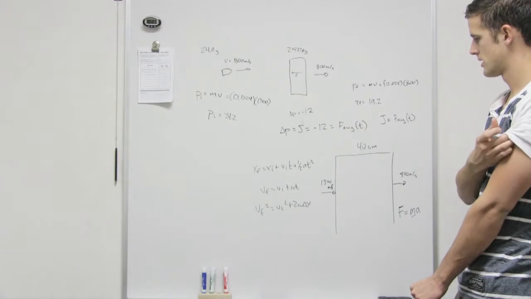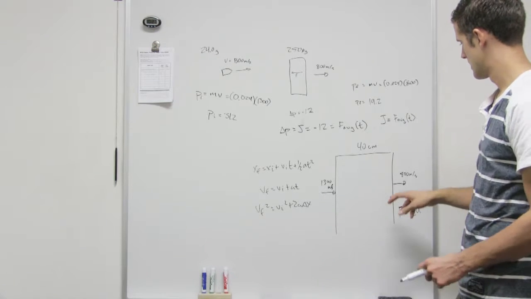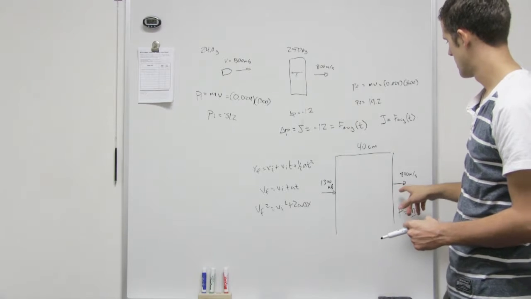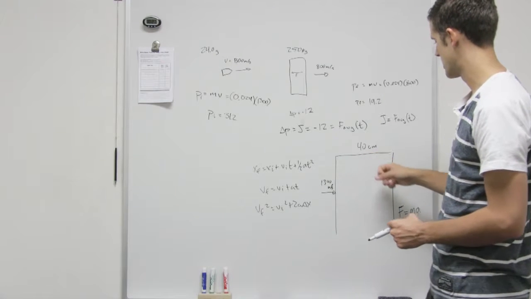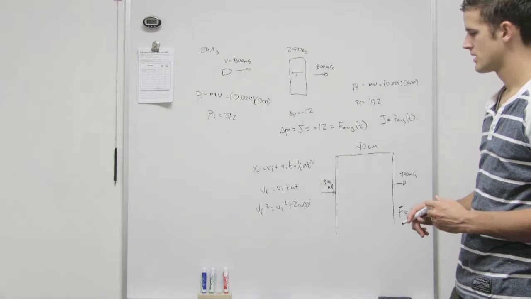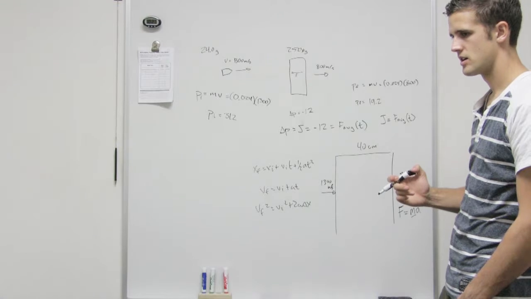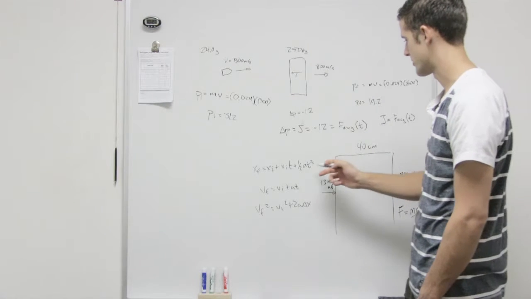Would you do the average, or would you start with the initial? We know something about the change in distance, and we know an initial and a final velocity. But what don't we know about this? The force, and we also don't know time.